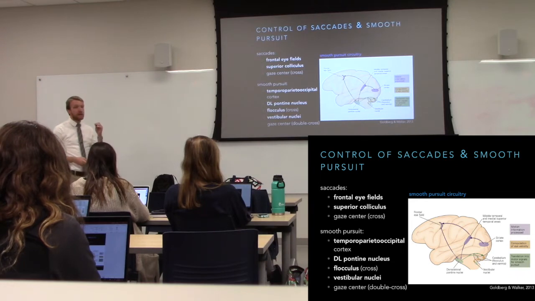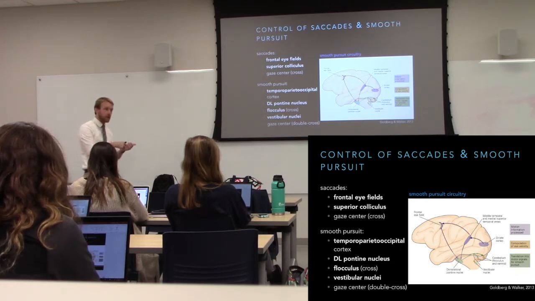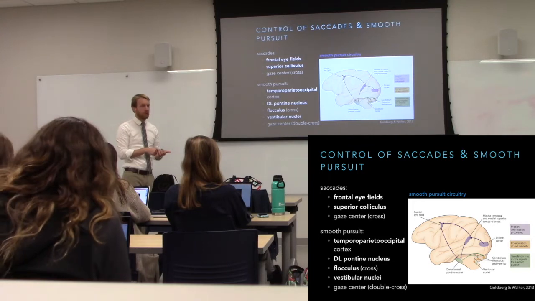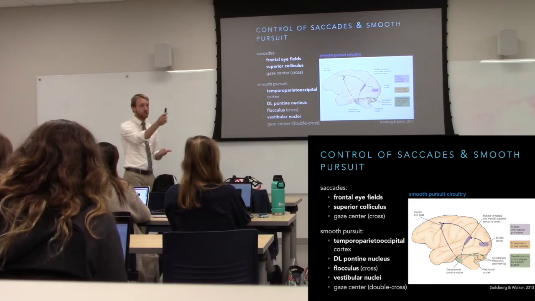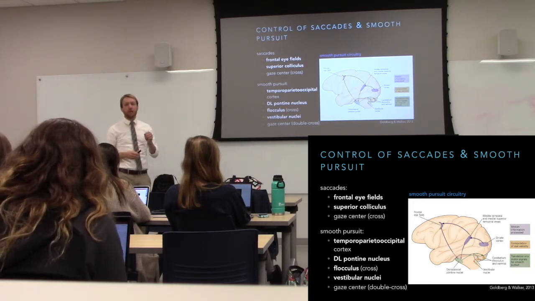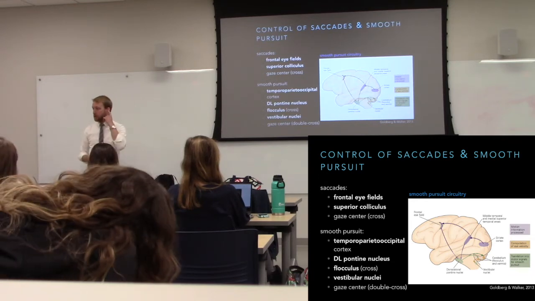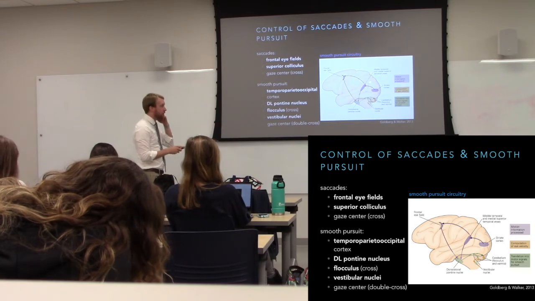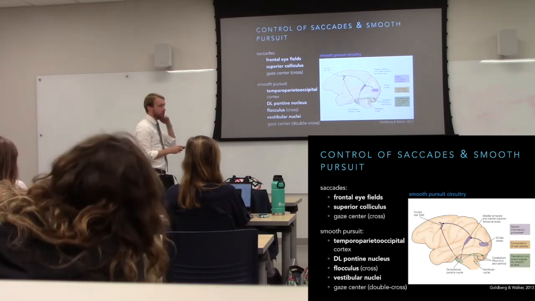We're going to be hitting that flocculonodular lobe, so we get direct output to the vestibular nuclei, essentially hijacking the vestibulo-ocular reflex. Because you'll notice that's smooth pursuit. It's the same movement, but rather than movement of your head and activity in these semicircular canals driving this, now it's just, where's that object relative to the center of my visual field?